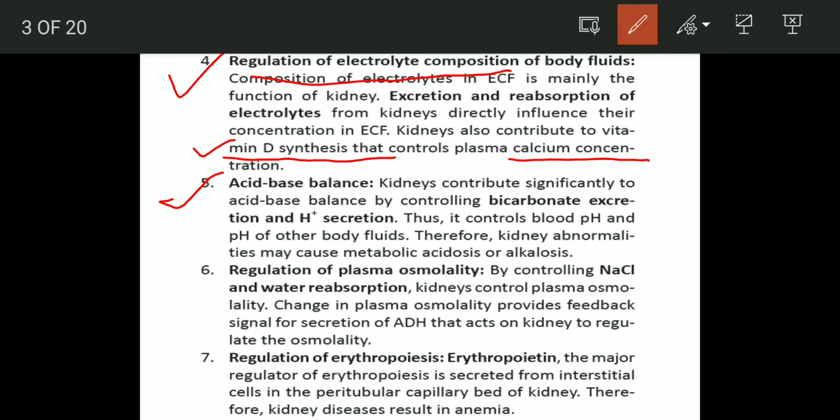Whenever your body goes into alkalosis, the kidneys play a role and bring your body to a normal pH level. So neither does it go into acidosis nor into alkalosis. It maintains a proper pH, and this proper pH is basically maintained by the kidneys. Acid-base balance will have a separate lecture in this renal system. We'll have a separate lecture in the coming classes, and I'll be taking that lecture. This is how it controls the bicarbonate excretion and the H plus ions.